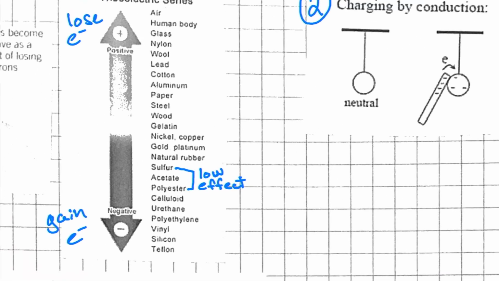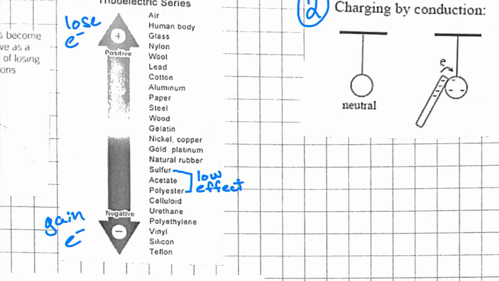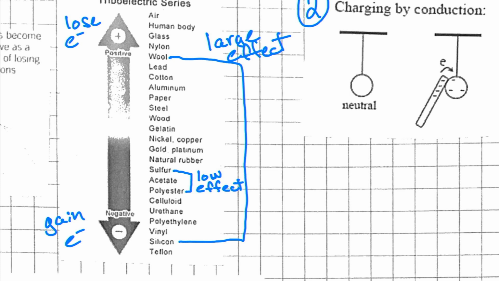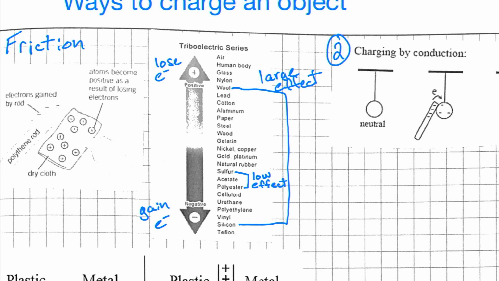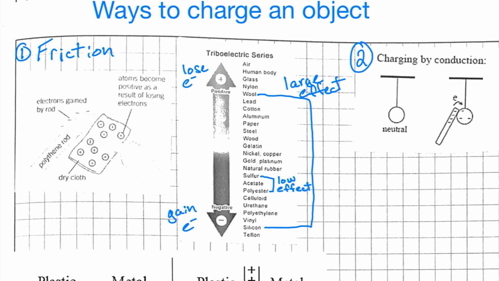However, if I was to take some other objects here, like wool and silicone, that would have a large effect because they are far apart. The wool would tend to become more positive, and the silicone would gain a lot more electrons because they are farther apart. That's a little bit about how the triboelectric series works. That's one way of charging, is charging by friction. And when you rub the objects together, electrons fall off of one and kind of jump onto the other.